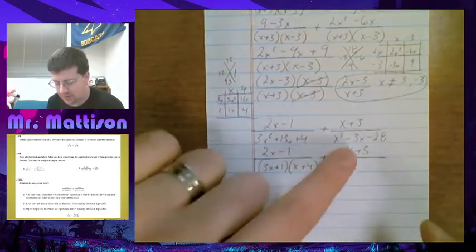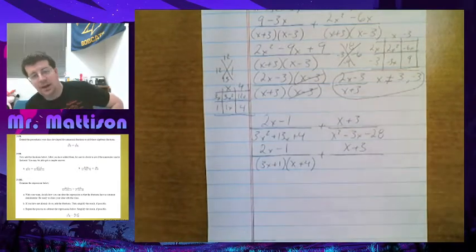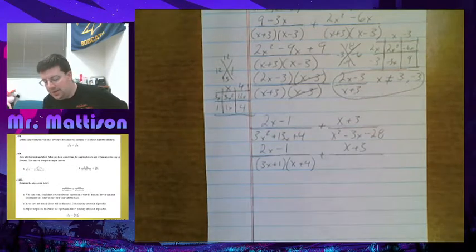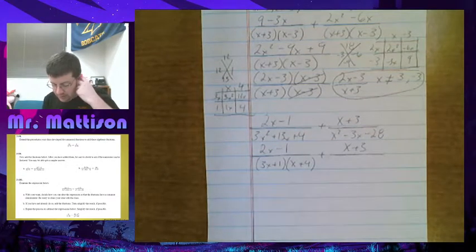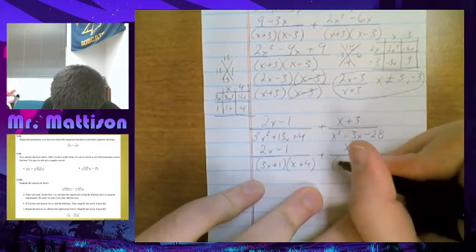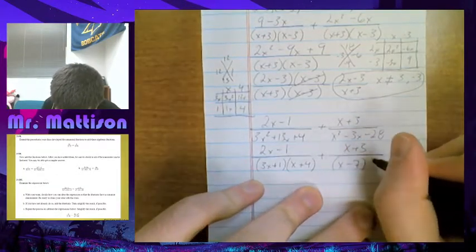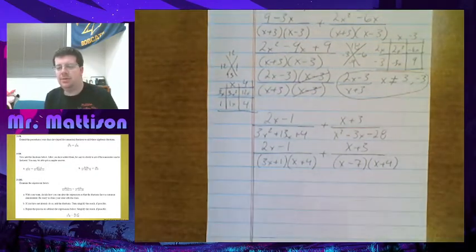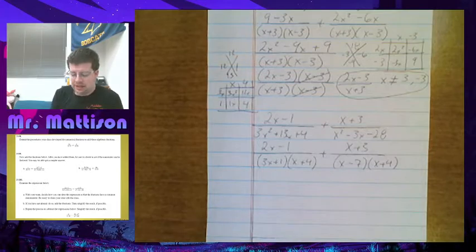over, let's factor this bottom part. So this one I can do with that shortcut method. So I need to say, hey, what's going to multiply to be a negative 28, add to be a negative 3. Well, that's going to be a negative 7 and a positive 4. So x minus 7 and x plus 4. So now I can say, well, all I really need isn't the entire thing.